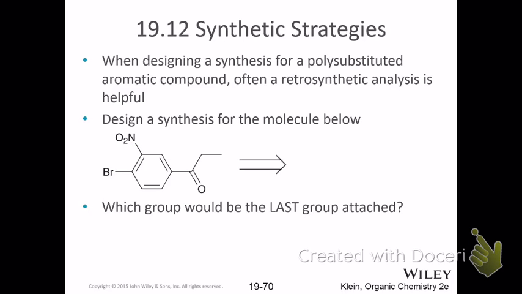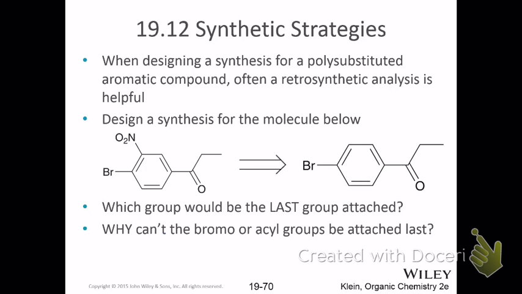You just start with one and say, if I had added that, how would I have put it on? And then look at the functional groups that are there. You have to think about all the limitations as you go along. So it makes sense that the nitro group was the last one put on. Now you have to put the two groups on here.